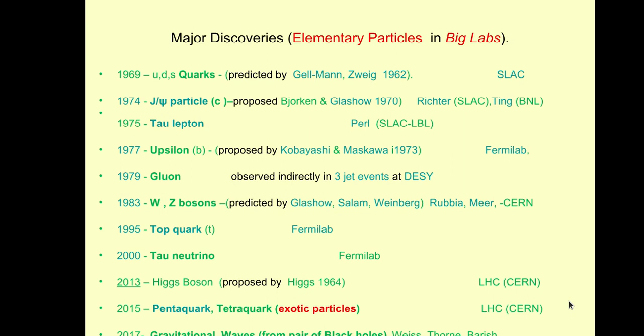Then within a year, the tau lepton was observed by Perl at SLAC and Lawrence Berkeley Lab. And then in 1977, another particle, the upsilon, which is the heavy brother of psi, was observed, and there was an indirect proposal by Kobayashi and Maskawa, who got a Nobel Prize later on. Around 1973, they suggested that if we want to have CP violation, which is a very important area even today, then we must have a minimum of 6 kinds of quarks.